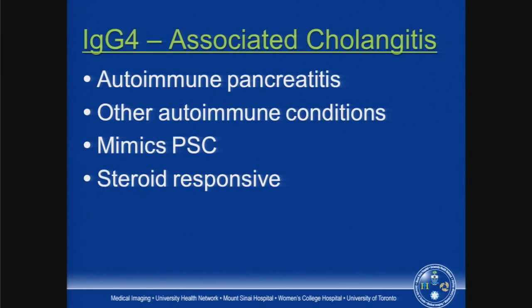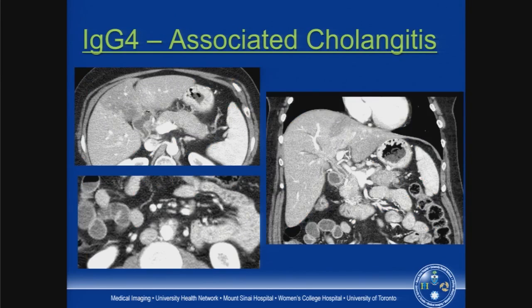It's often associated with autoimmune pancreatitis and indeed other autoimmune conditions. And when you're imaging these patients, look for clues on the imaging that might tip you towards an IgG4 associated cholangitis. It's important because unlike PSC, it's steroid responsive. So it's important to make this diagnosis.